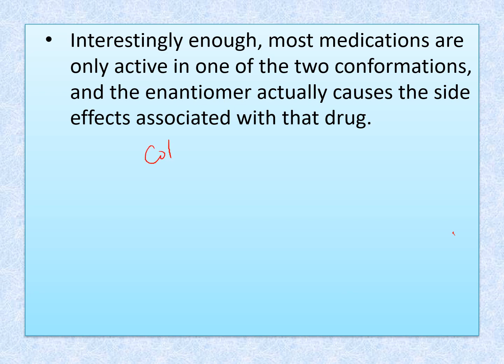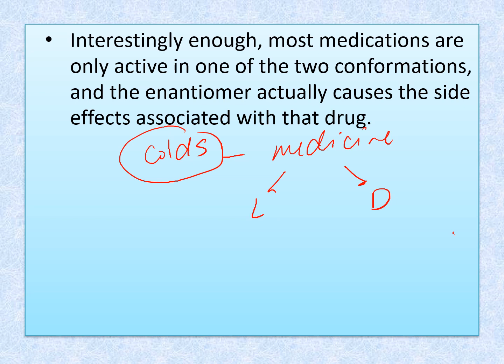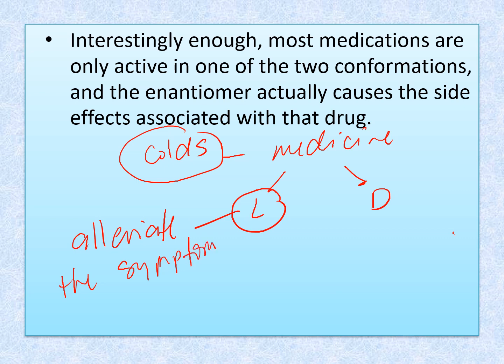So for example, you have colds. Now, of course, you have to take medicine. Now, that specific medicine has the L and D form. Let's say the L form of that specific medicine can alleviate the symptoms, which means it slows the rate of mucus production and relieves the blockage in the sinuses, so on and so forth. Now, let's say the other enantiomer, which is the D form, can cause a side effect.